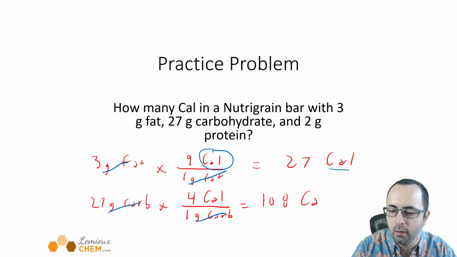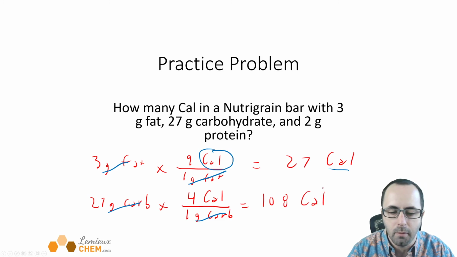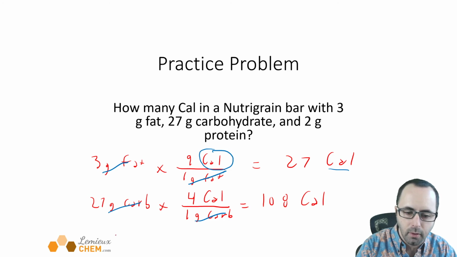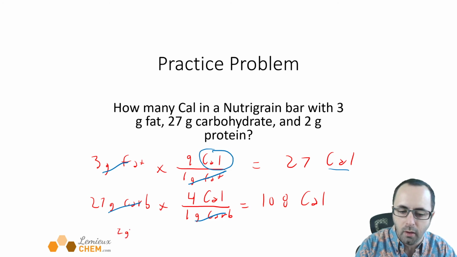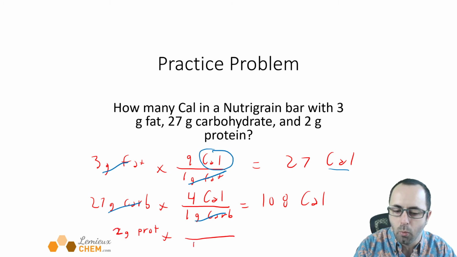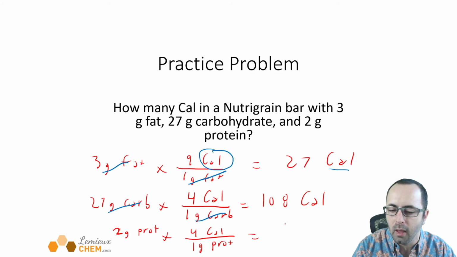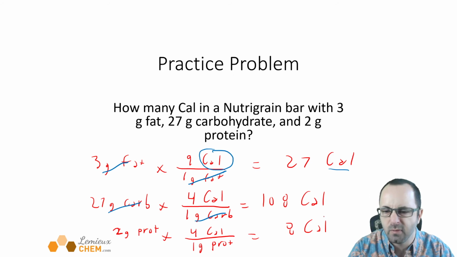108 calories. Okay. And finally, 2 grams of protein. And that was 1 gram of protein was also 4 calories. And so our grams of protein will cancel and we'll get 8 calories. Okay. And now to get the total calories, we add these all up.